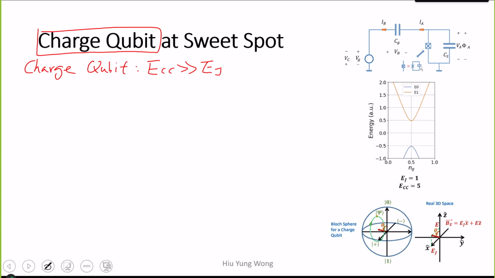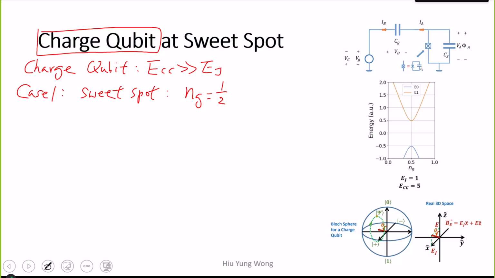Okay, now we consider the first case, case 1, which we call something called sweet spot. Sweet spot means that Ng equal to half. What's the meaning of Ng again?